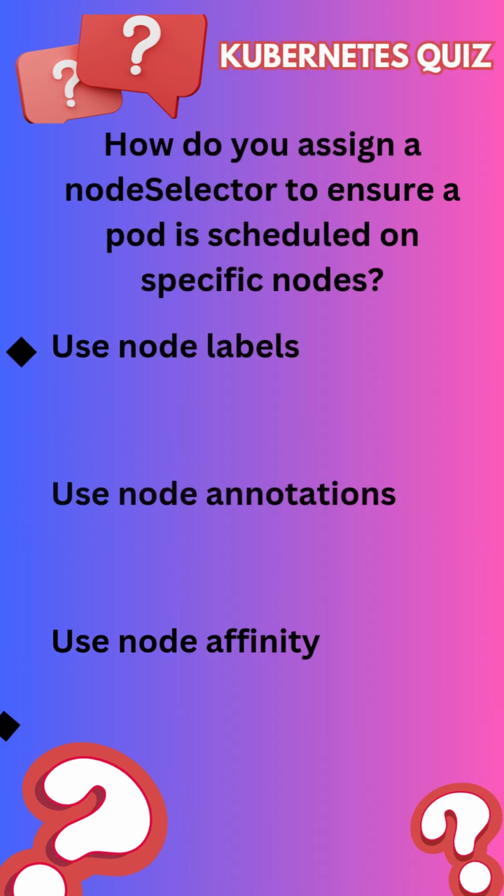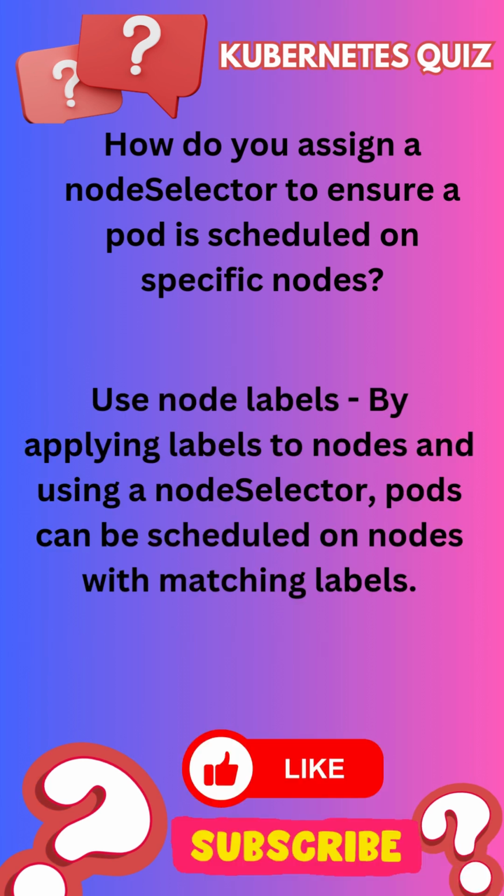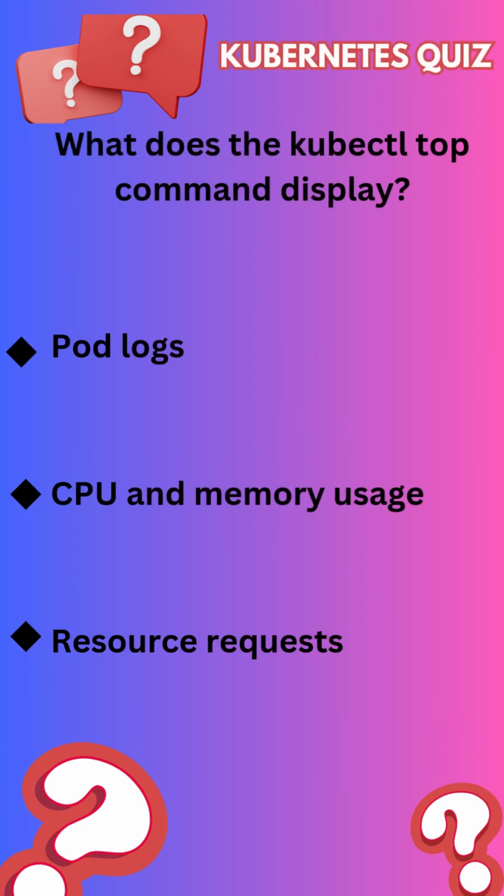How do you assign a node selector to ensure a pod is scheduled on specific nodes? What does the Kubernetes top command display?